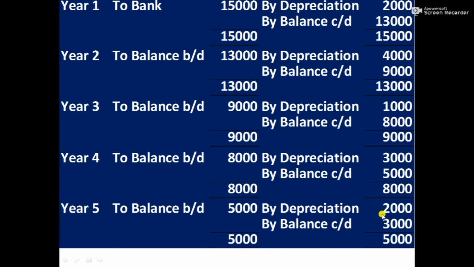That balance is equal to your residual value. So under the number of production units method, the book value after the useful life of the asset will be equal to the residual value. In this question, the residual value was 3,000, and your balance will be equal to 3,000 after completion of the useful life.